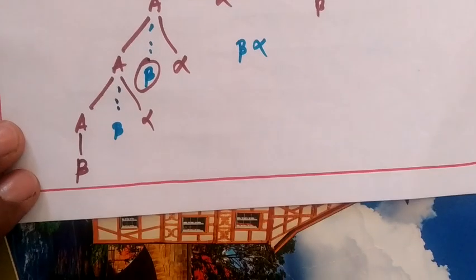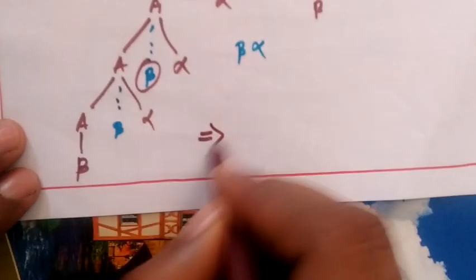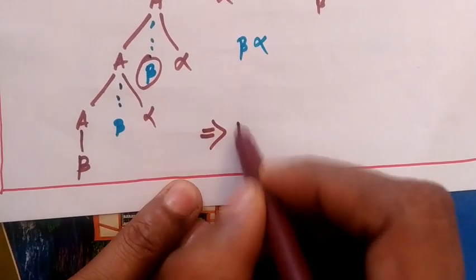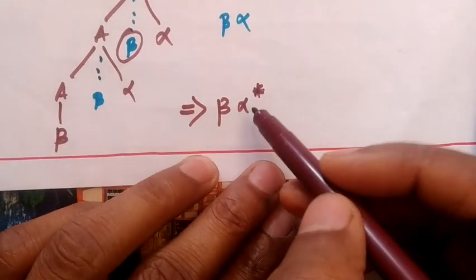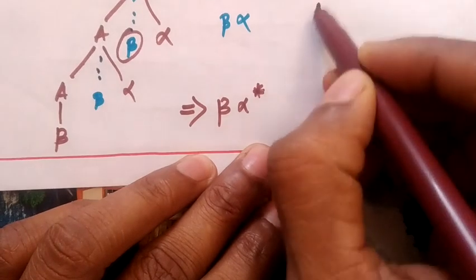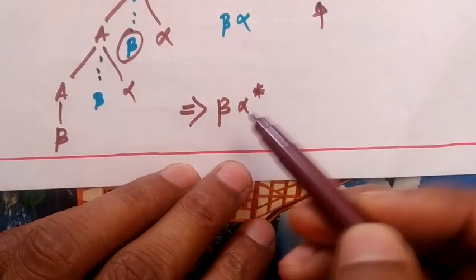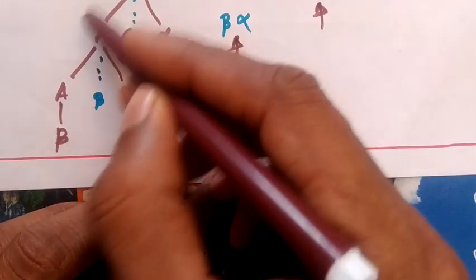This is the only option. So in general, you can say that this type of parse tree will derive beta followed by any number of alpha. If it is 0 alpha, you will get this parse tree. If 1 alpha, you will get this string, that means up to this portion.